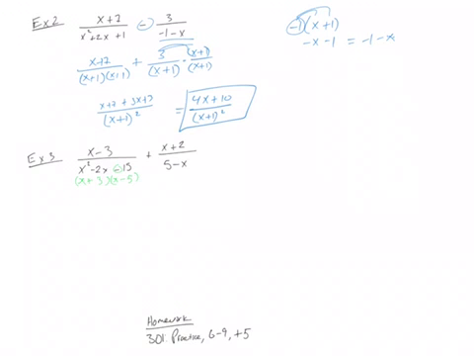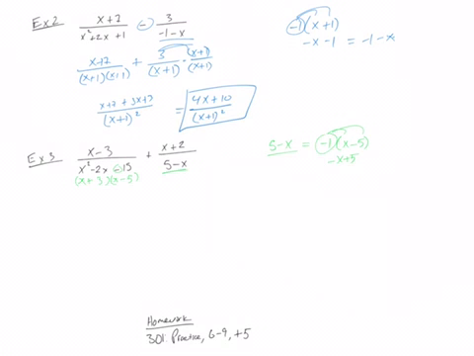That last one's negative, so I know the signs will be different. Notice this right here. 5 minus x is the same thing as negative 1 times x minus 5, because if I distribute that back in, that'd be negative x plus 5. And if I switch the order, it'd go back to this.